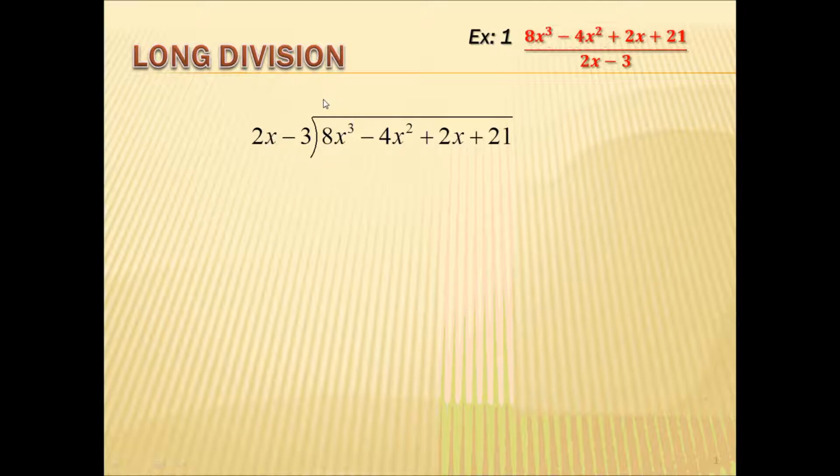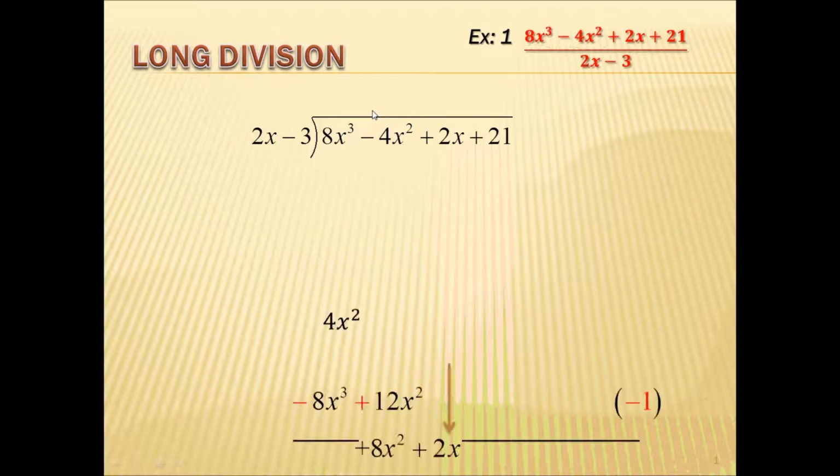To find that particular term, you have to take the first term of the divisor and divide it into the first term of the dividend. 2 into 8 will give me 4. X into x cubed will give me x squared. So I know that the first term of my answer is going to be 4x squared.